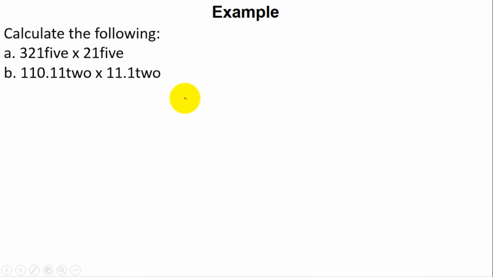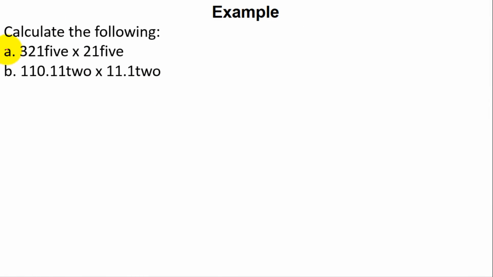Now let's take an example. The first example is 3, 2, 1. We have to multiply it in base 5. You just have to remember you have to multiply it in base 5.